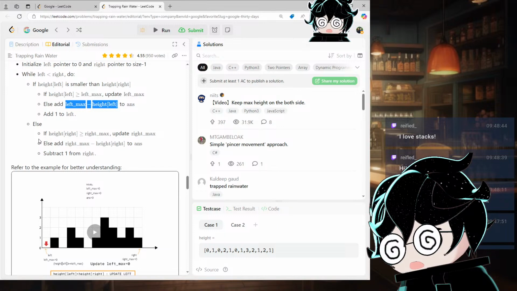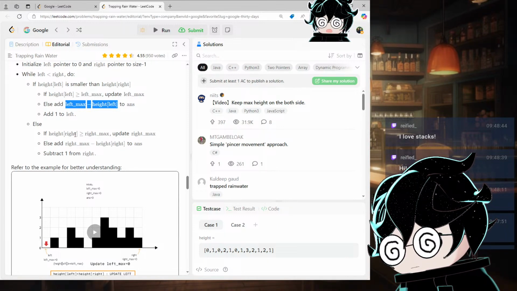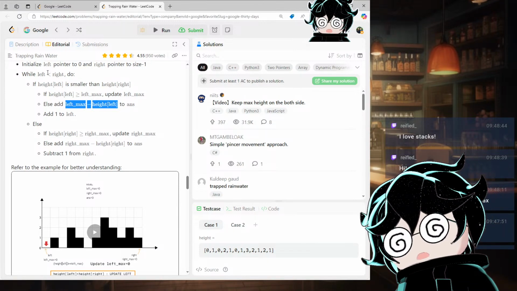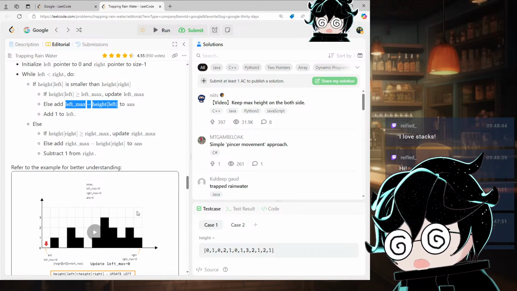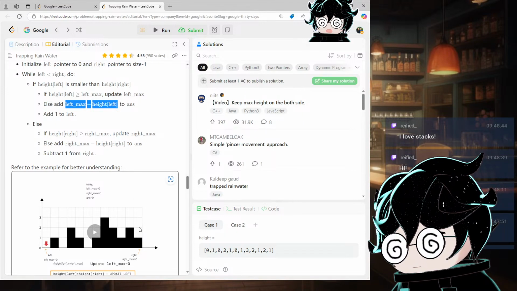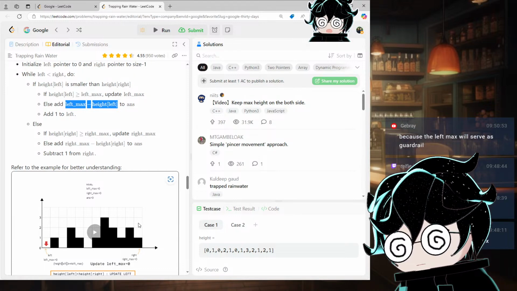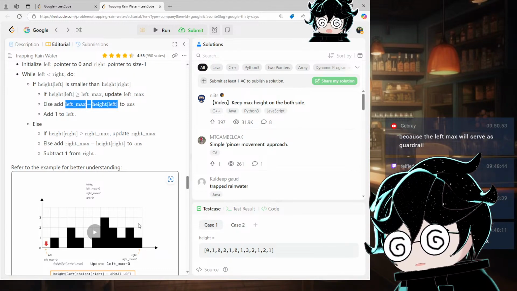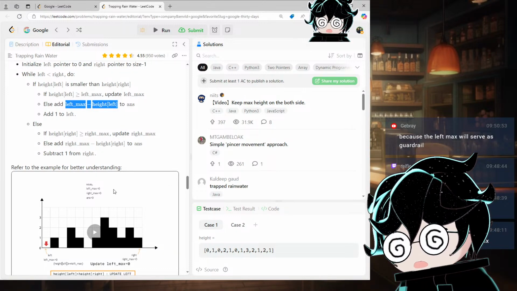Okay, and then else, height right. If right is bigger than the left, update right max. Else add right max minus height right to answer. Okay.